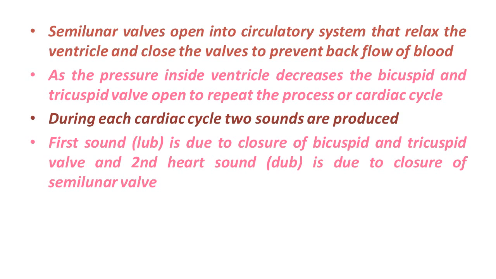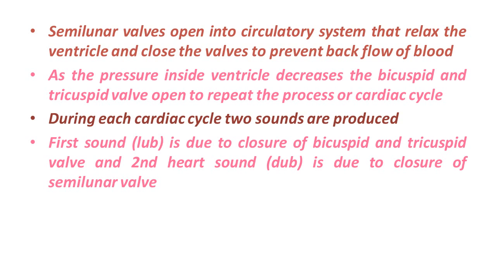Two types of sounds are there. The first heart sound, lub, is associated with the closure of the tricuspid and bicuspid valves, and the second one, dub, is associated with the closure of the semilunar valves, and these sounds are of clinical diagnostic significance. So we can now understand in detail what one cardiac cycle is, which phases or stages take place in the human heart, and which changes occur through one cardiac cycle.